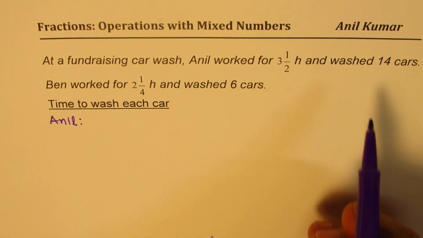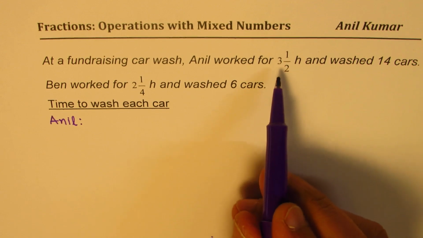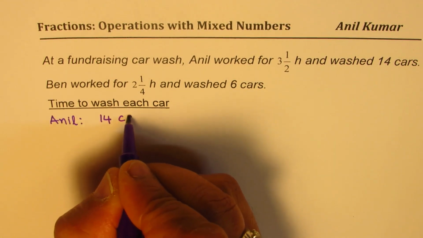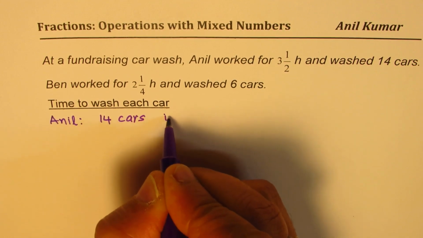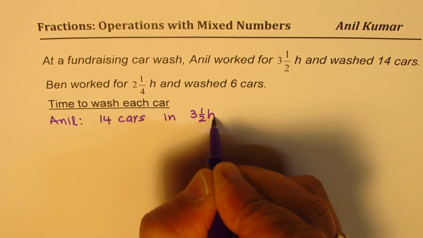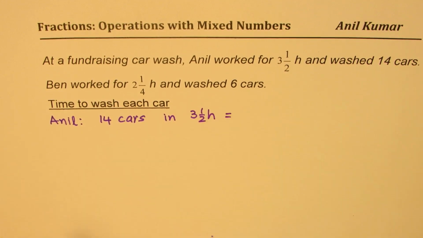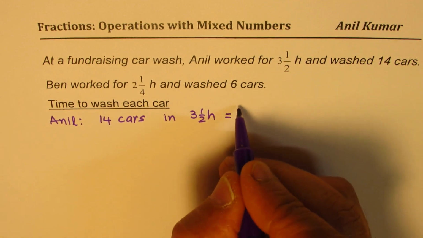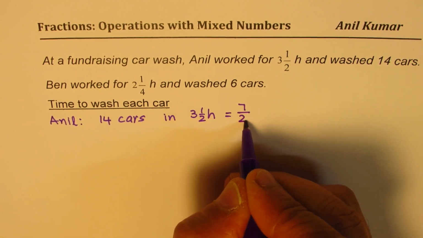So it is 14 cars in 3.5 hours. So it is 14 cars in 3 1/2 hours. Now 3 1/2 hours is same as what? Write it as 3 times 2, 6 plus 1, 7. 7 over 2 hours.